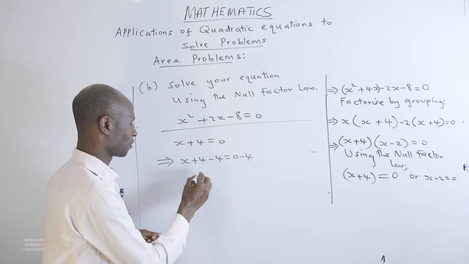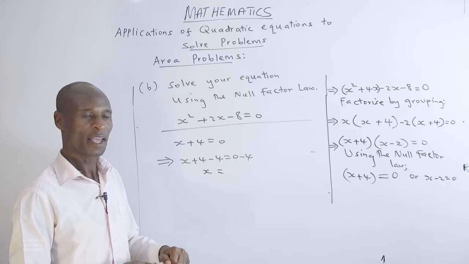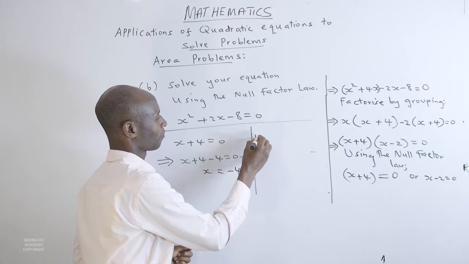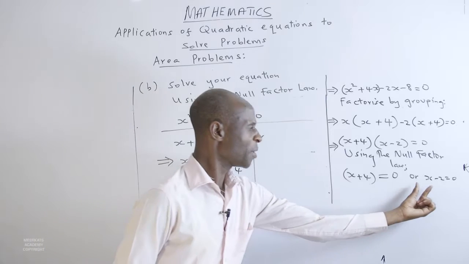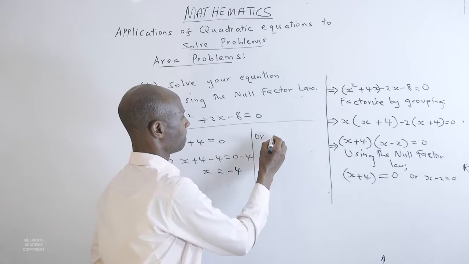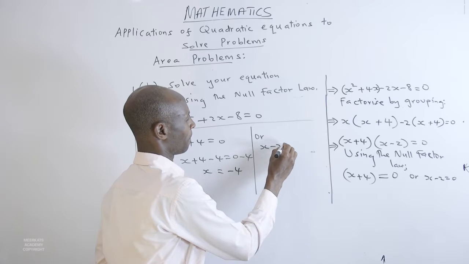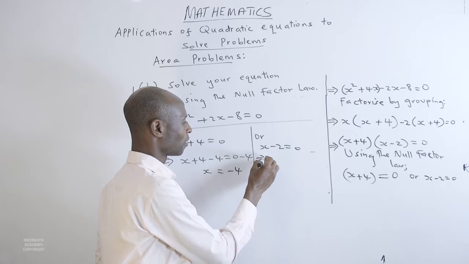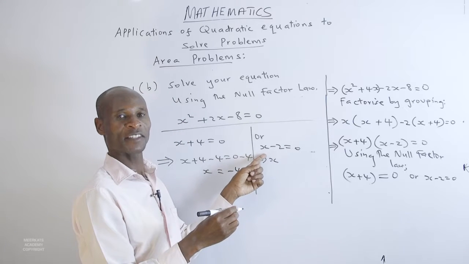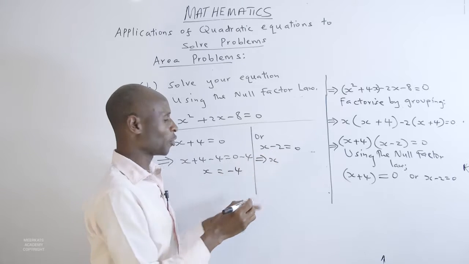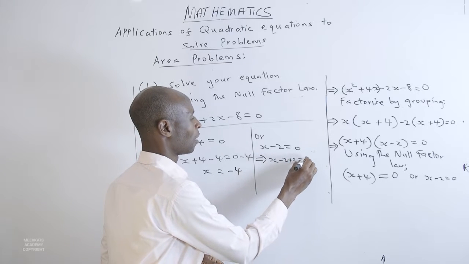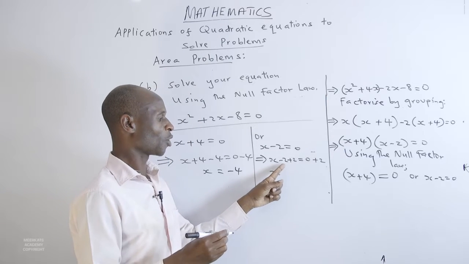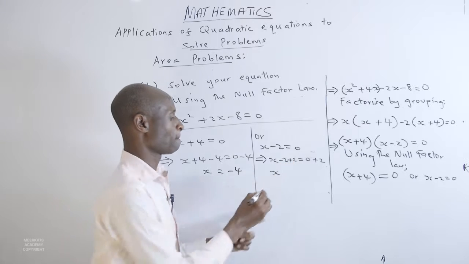So x, on the left we remain with x, then on the right we have -4. Or, if we pick the second linear factor, which is x minus 2 is equal to 0, it implies that to find the value of x, we add +2 on both sides. On the left, we have x, because -2 plus 2 is 0.